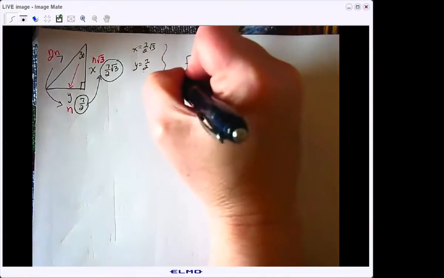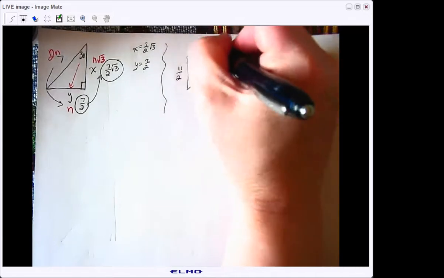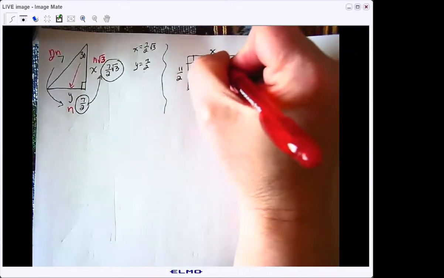This is 11 over 2. Y and X. Since I'm not given the 30-degree angle, we're going to write it in, because that's what I want to reference everything from, the 30-degree angle.